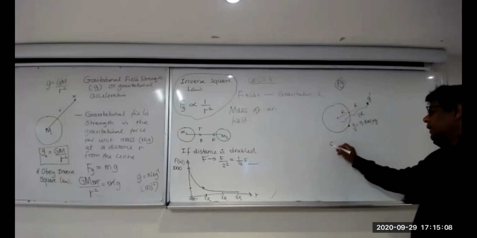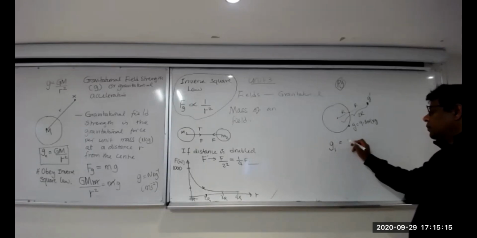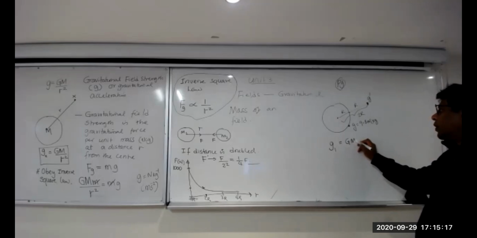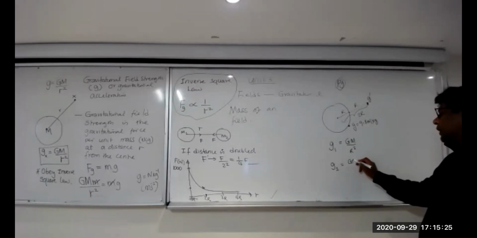But you can simply say g is inversely proportional to r squared. So g is GM on r squared, and then you have g2, which is GM on twice that, squared.